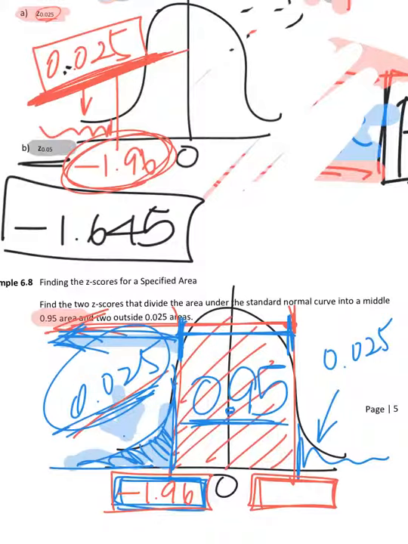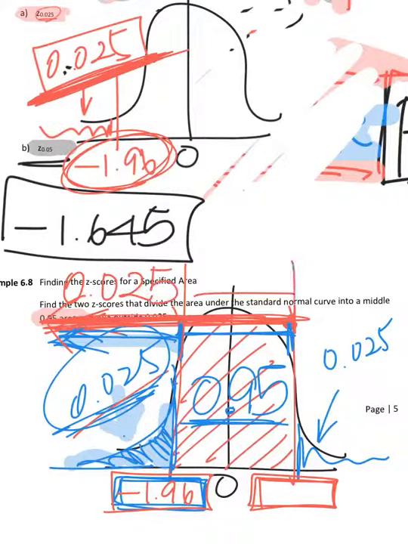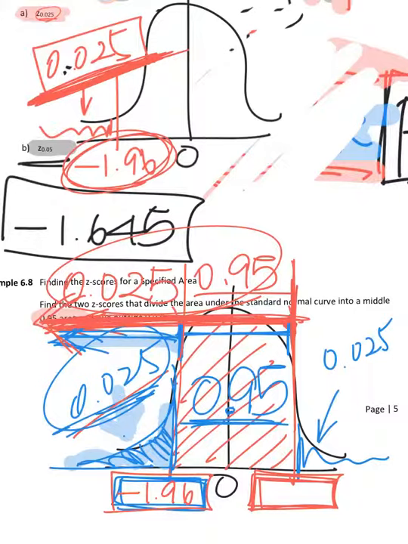What I ask you, what will be the probability here? How much will be? Up to here, there is a probability 0.025. In the middle, 0.95 was given. When we add them all, just to the left, it's up to this z-score. There is a probability 0.975.